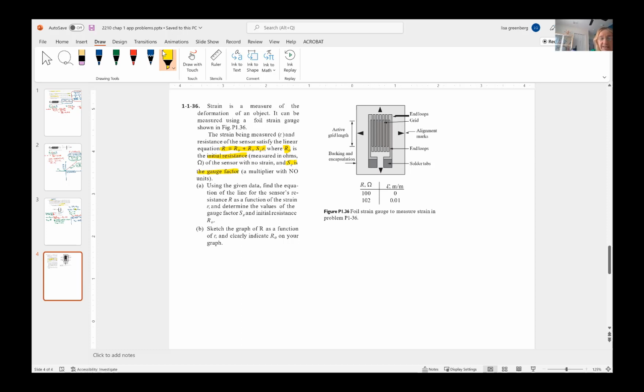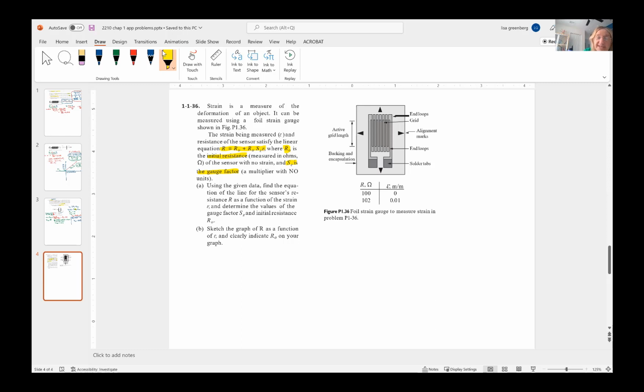And they're telling us that the gauge factor is a multiplier with no units. Well, there's something important about the fact that this is a multiplier, a gauge factor, and it has no units. Because what it's really telling me is that that's my constant.